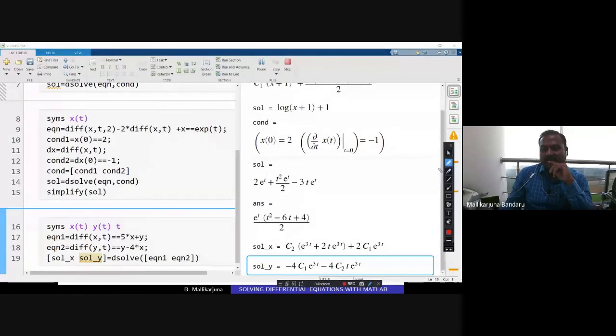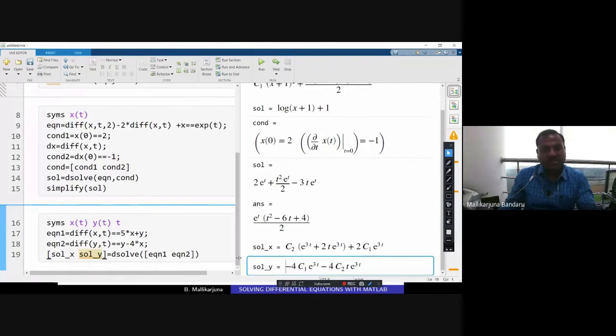This is the solution of x and this is the solution of y. Of course it contains arbitrary constants because there are no conditions for these equations. Once you assign the conditions, you will get the particular solution directly, without arbitrary constants, using these syntaxes.